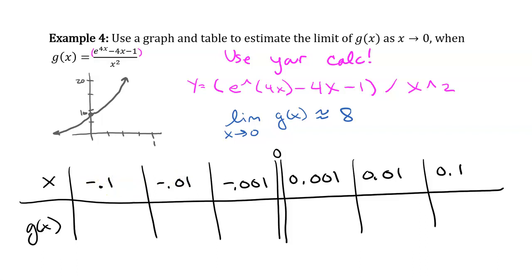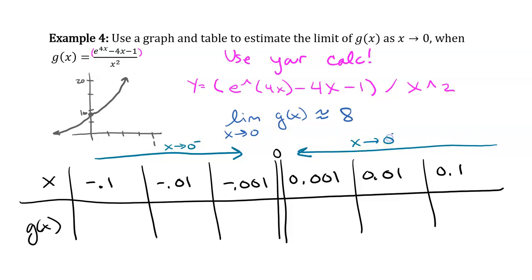So as we approach 0 from the left, so as x approaches 0 from the left, it must equal the same thing as x approaches 0 from the right. Okay? Must be the same number. If it's not the same number, we're in trouble. So here's where we go.